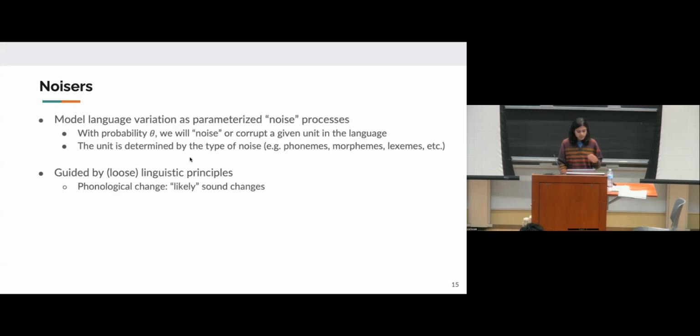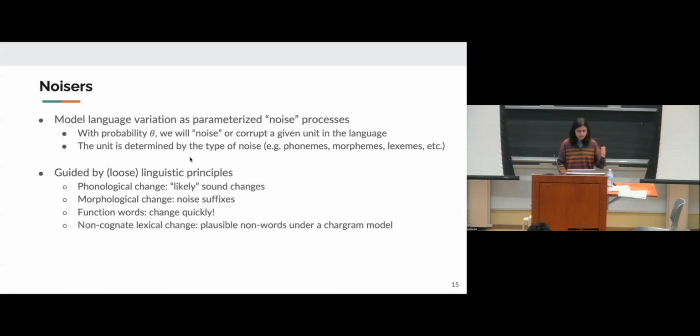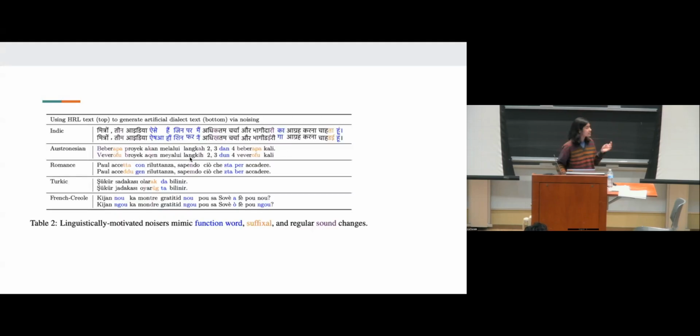These noisers are loosely linguistically motivated. That means, for example, we would only generate sound changes that were likely or observed in the real world, and similarly for the other ones. If anyone is super interested in any of these, we can talk about those later. And these are just examples.